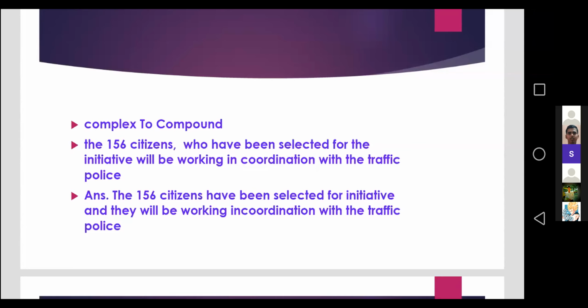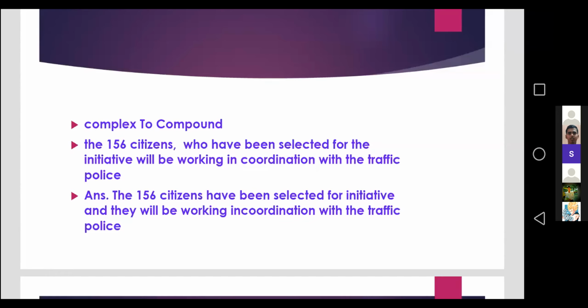The 156 citizens who have been selected for the initiative will be working in coordination with the traffic police. Okay, can anyone identify the subordinating conjunction here? Who. Perfect. Yes, it's who, correct.